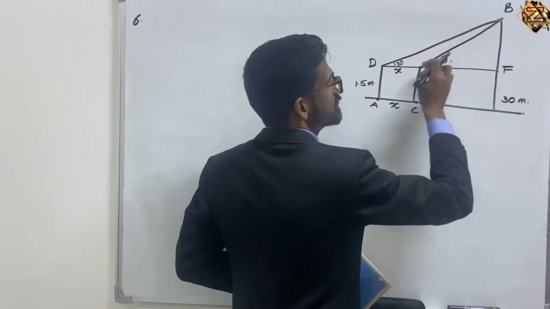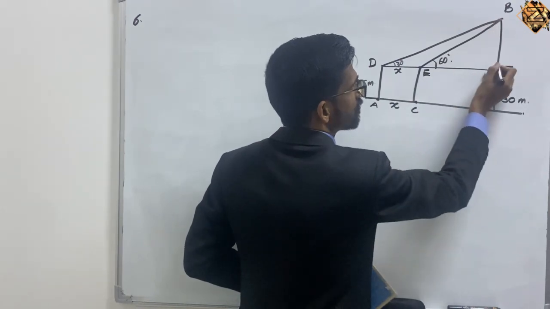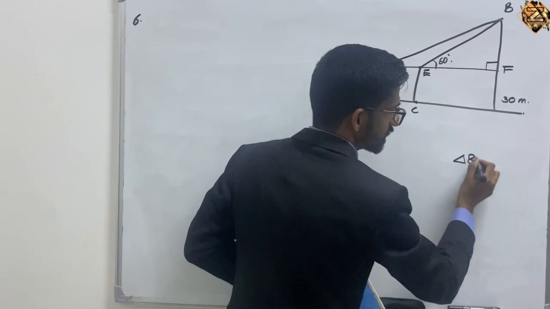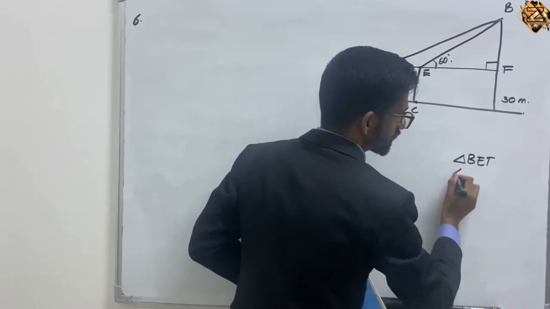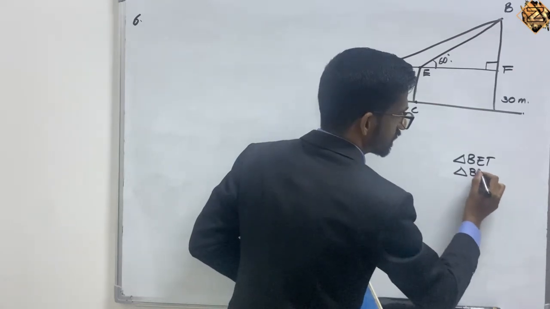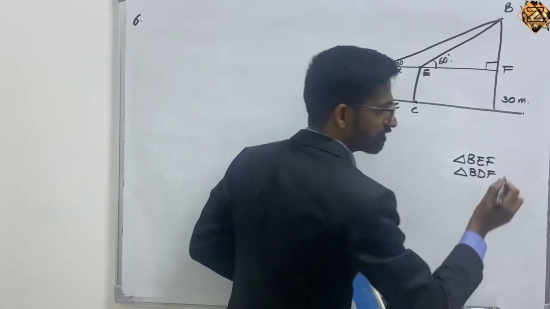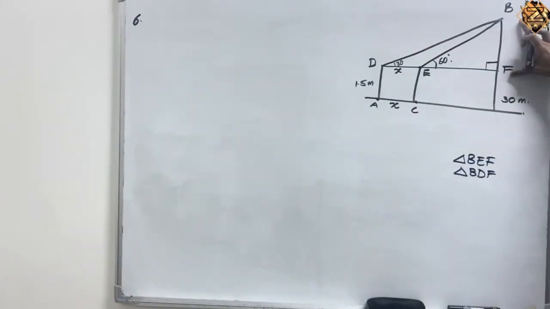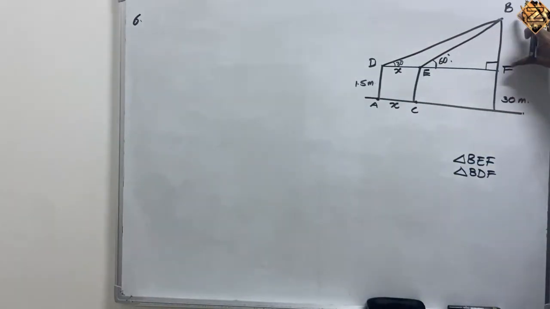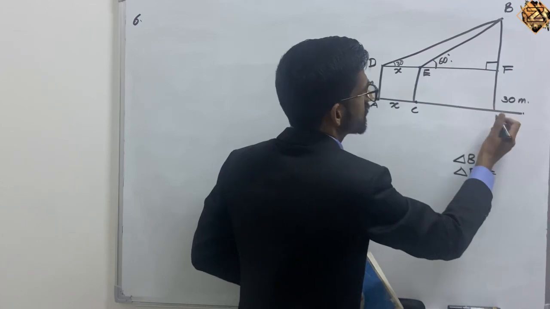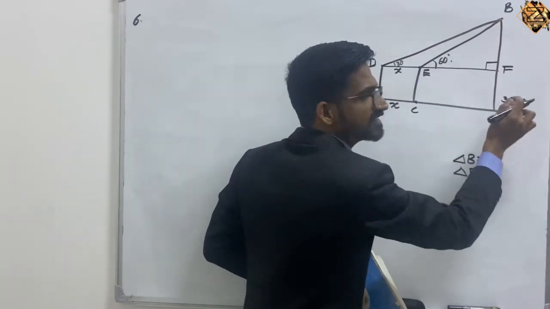The two triangles are triangle BEF and triangle BDF. The total height, if you are taking here G, BG is given 30.